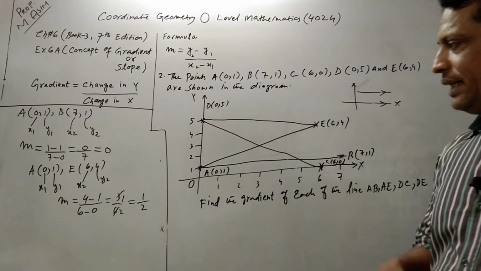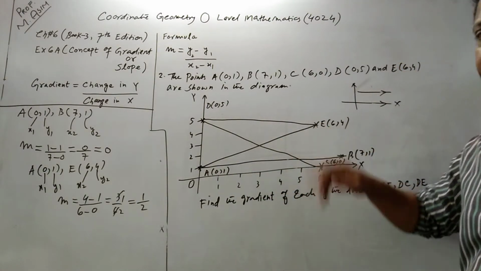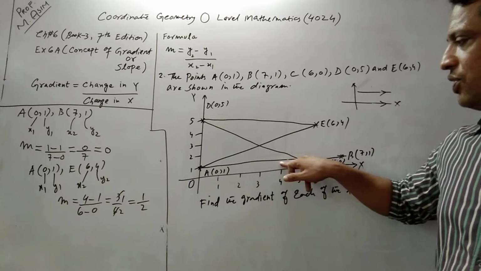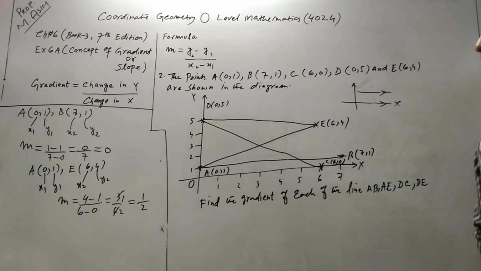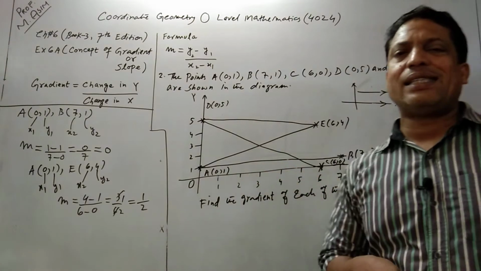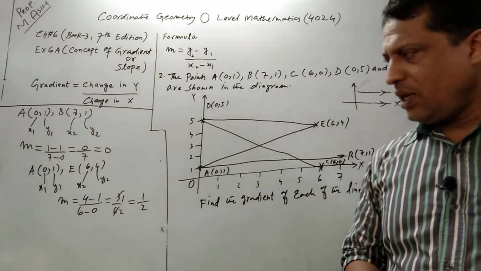What does this line tell you? Line AB tells you that the gradient of a line which is parallel to the x-axis is always 0.